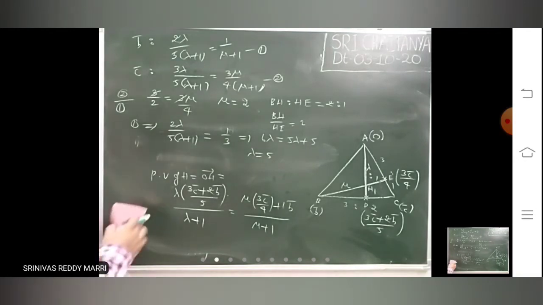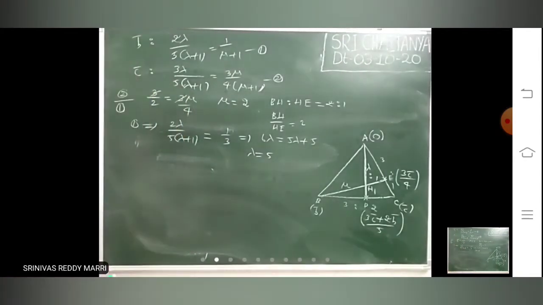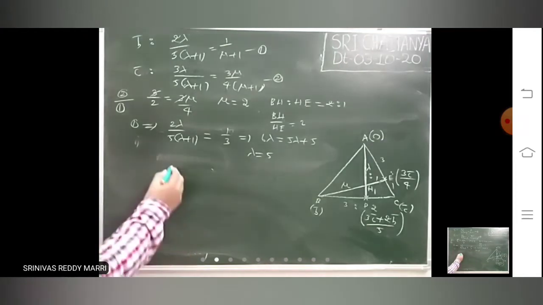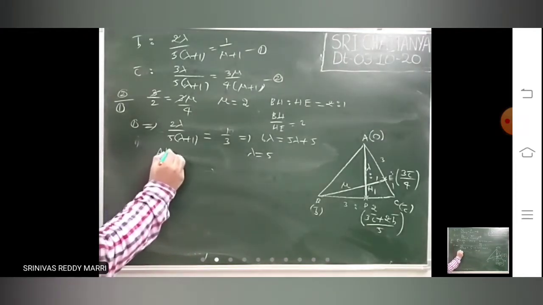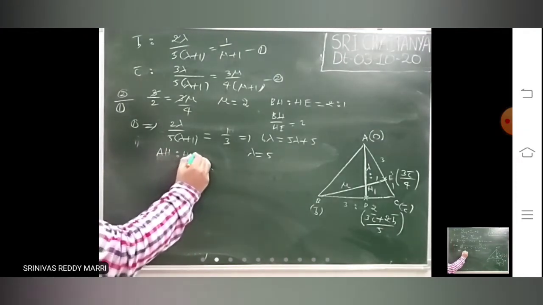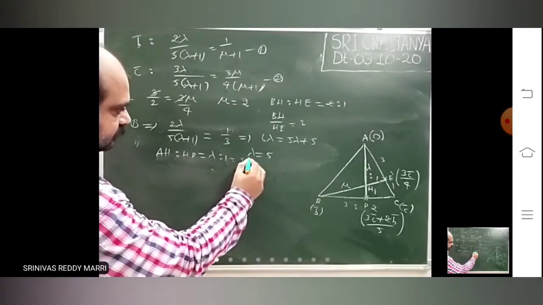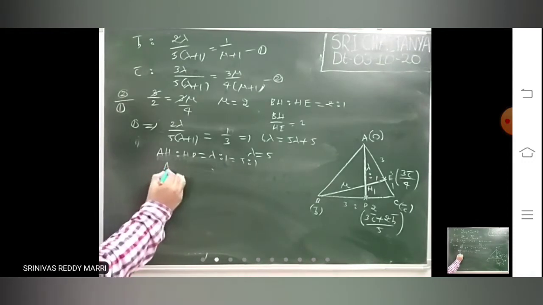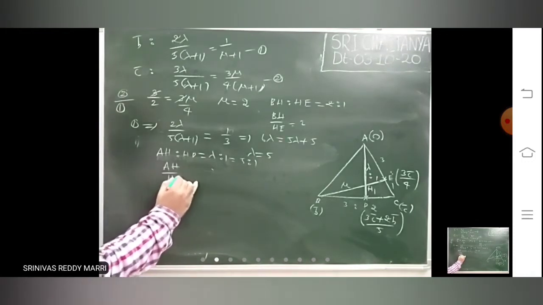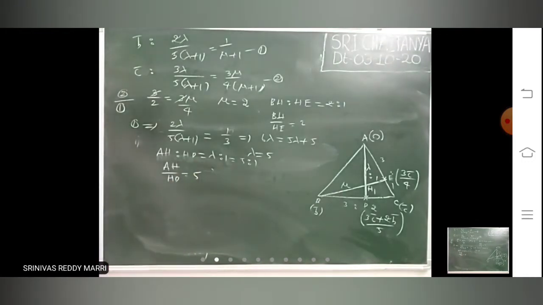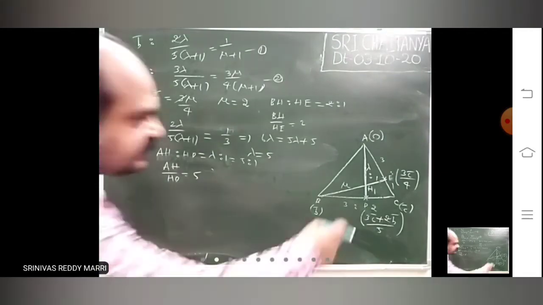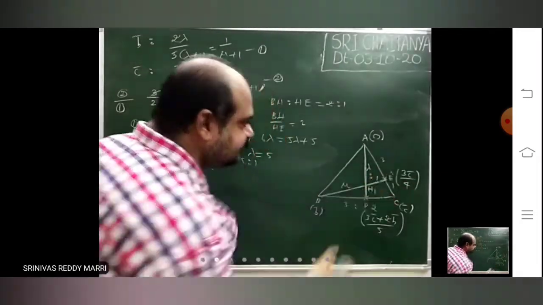That means the ratio we have taken, AH is to HD is lambda is to 1, 5 is to 1. Therefore AH by HD is nothing but 5. Like that, in ratios you can easily calculate.